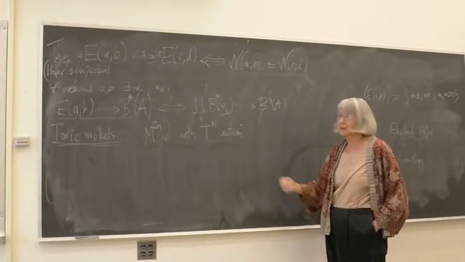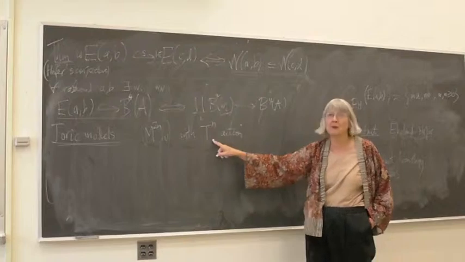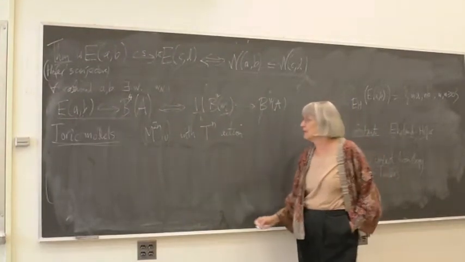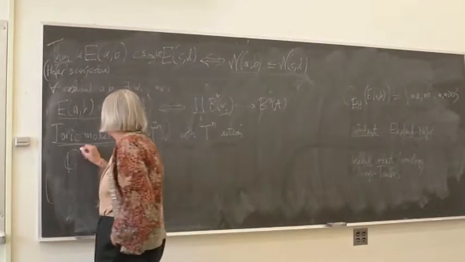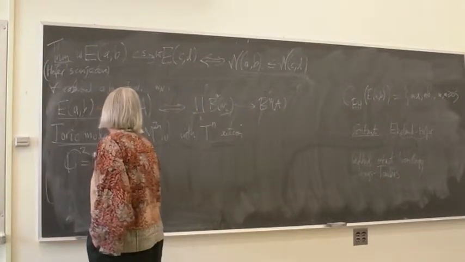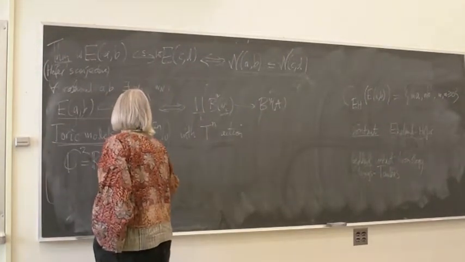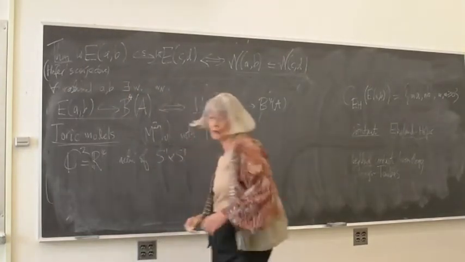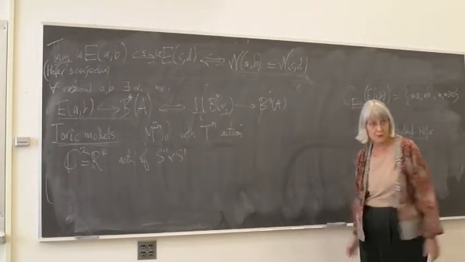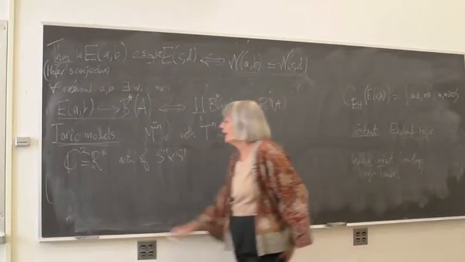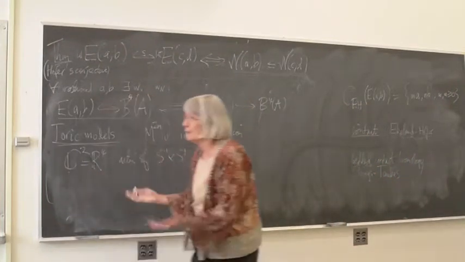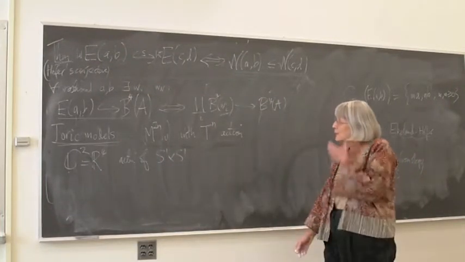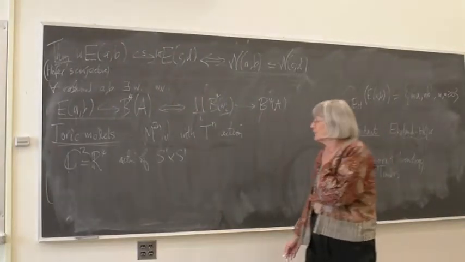Now, I'm just talking about four-dimensional manifolds with T^2 actions, and in fact, I'm thinking of C^2, or R^4 if you like, with the obvious action of the torus, which is just S^1 times S^1, just rotating in each of the two planes in the obvious way. And there's what's called the moment map, which generates it, but in this particular case, you can really think of it as a change of coordinates.